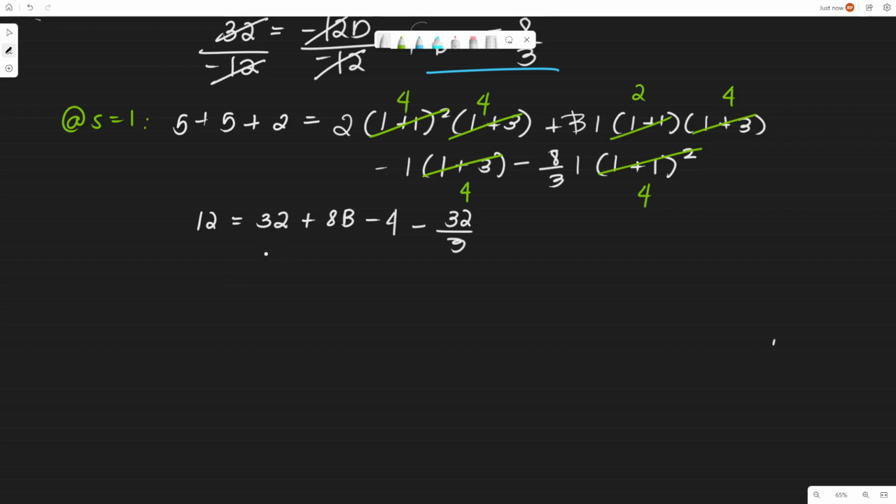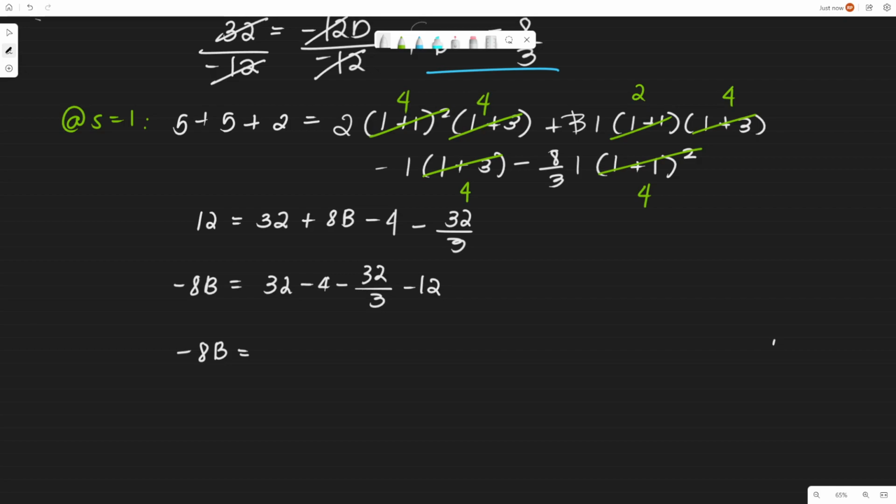So, lipat natin lahat ng walang B, or kahit si B na lang pala. So, we have negative 8B is equal to 32 minus 4 minus 32 over 3 minus 12. So, this is equivalent to what? So, we have negative 8B is equivalent to 32 minus 4 minus 32 over 3 minus 12.